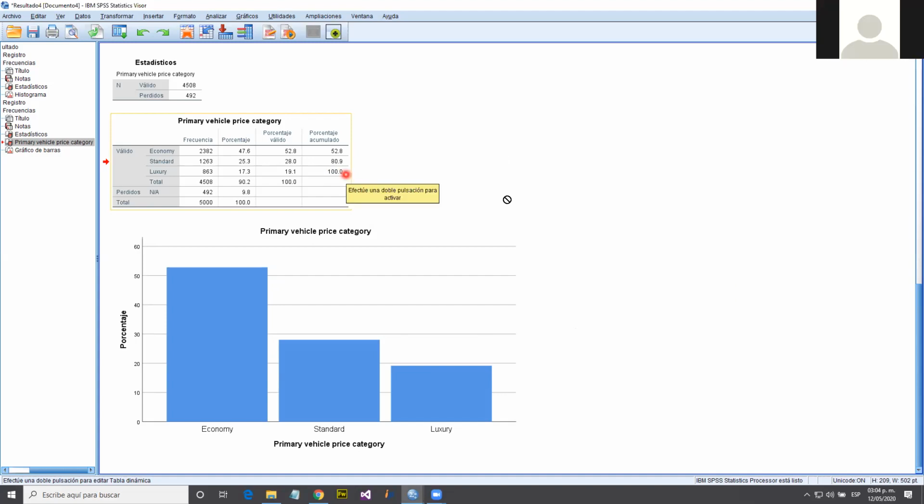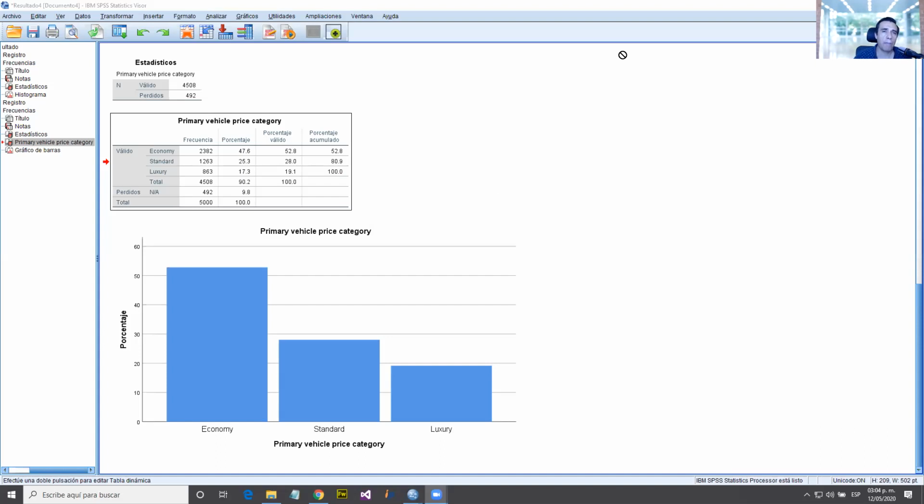Perfect. Okay. So now there are some of you that are not participating, but I don't want to call on you because this is an added session. But anyone that is not participating, looking at all of this information, tell me what you can say about this variable. Just answer with a paragraph about the analysis of this variable, primary vehicle price category.